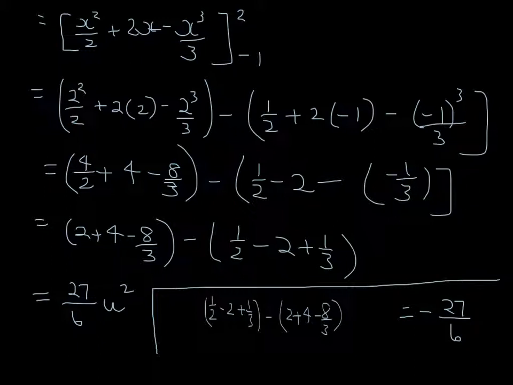So straight away you get a minus, you know it's area, and you can't have that. So you just pop absolute values along your whole sum, such that at the end you'd have a plus 27 on 6.